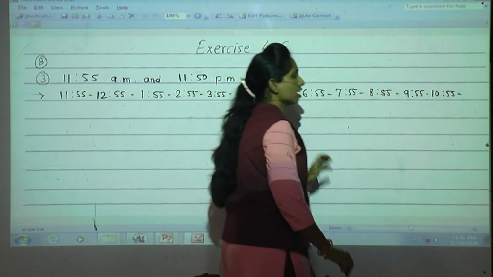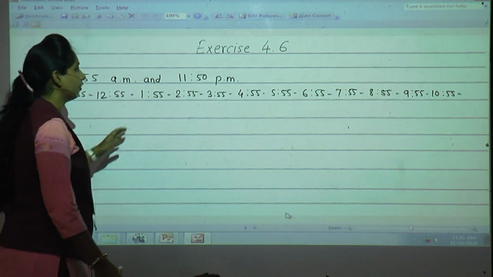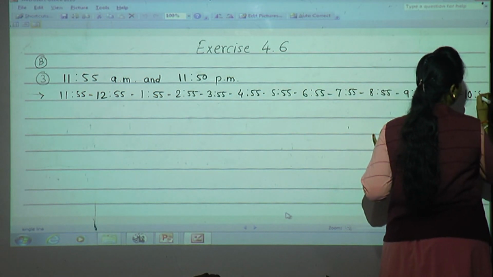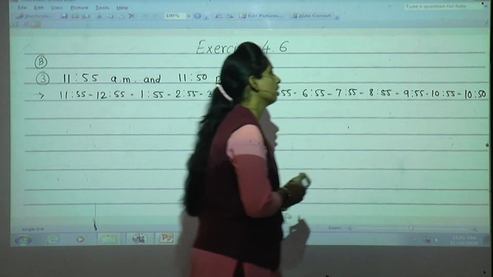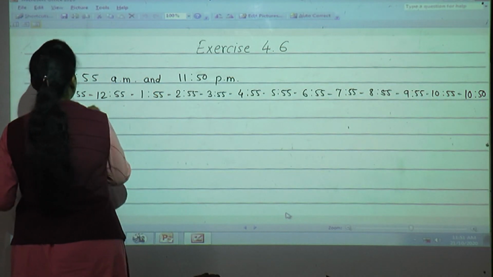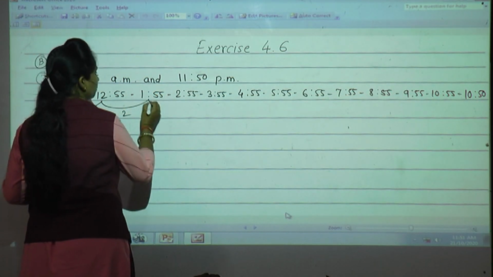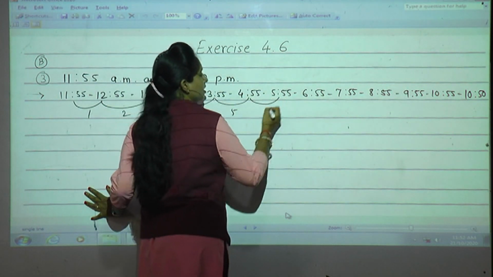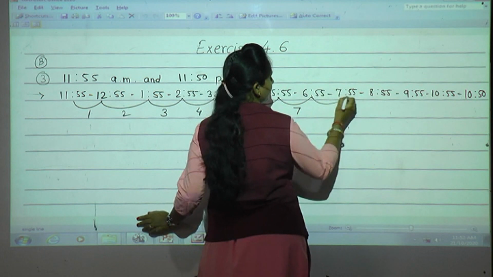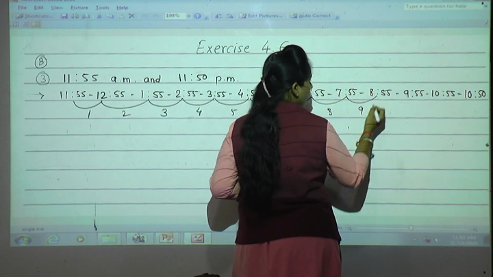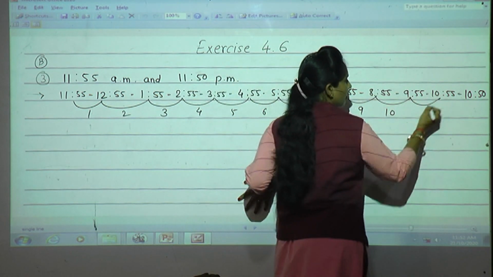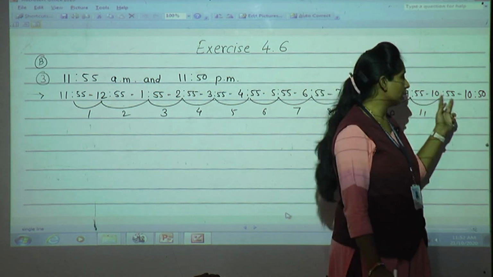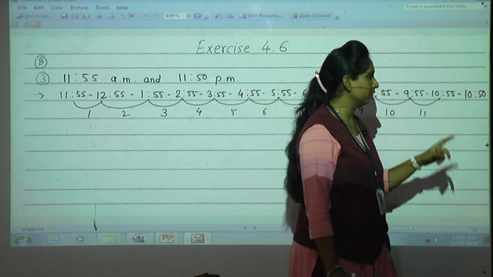The next is, see, we cannot write 11:55 because they have ended with 10:50 only. Okay? Next we will count the hours. 1, 2, 3, 4, 5, 6, 7, 8, 9, 10, 11. And here, if 55 were there, we could count directly 12 hours. But here 50 is there.